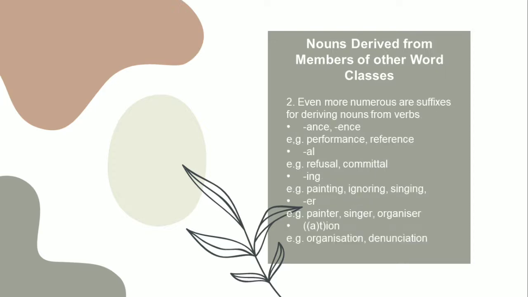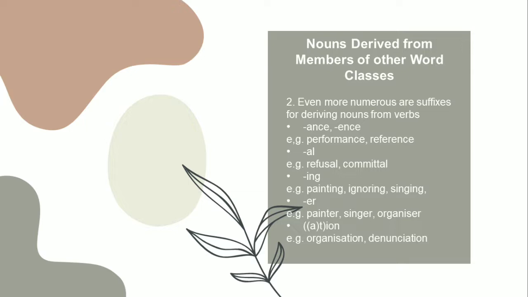Then some affixation in the form of suffixes can also be added to verbs to produce nouns. The first are the suffixes -ance and -ence. If you add them to a verb, a noun will be produced, like in the words performance, ignorance, reference, and conference. Then the suffix -al added to a verb can make a noun, for example, refusal.